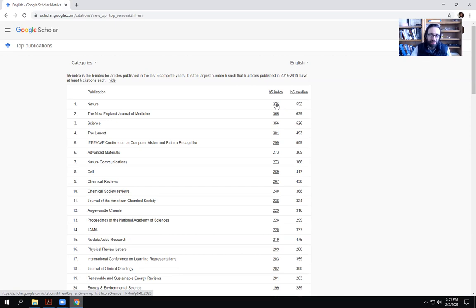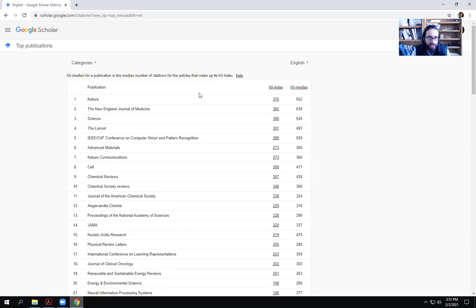Okay, 376 papers in the last 5 complete years that have been cited at least 376 times. You can see this median is just of those 376 papers, what's the median number of times it's been cited. These are sorted in terms of the H5 index. It's a similar thing to impact factor.